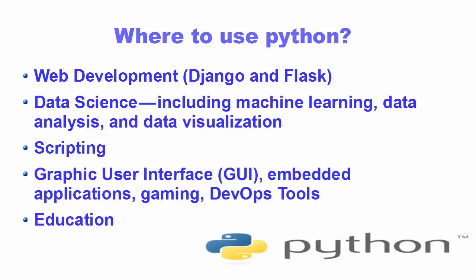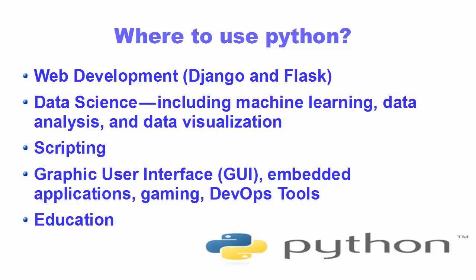So where can you use Python? Because Python is a general purpose programming language, it is used in many web development frameworks. For example, Django and Flask recently became very popular for web development. Python is also widely used in scientific computing, data mining and machine learning. And continued growth and demand for machine learning developers may be driving the popularity of Python.